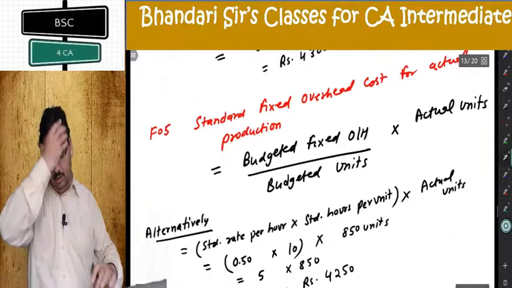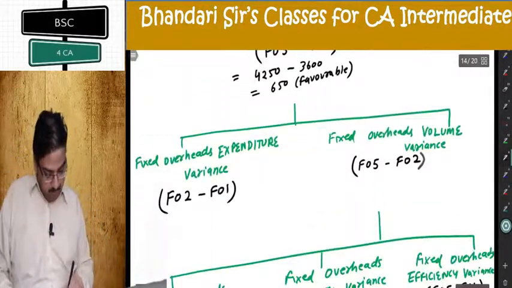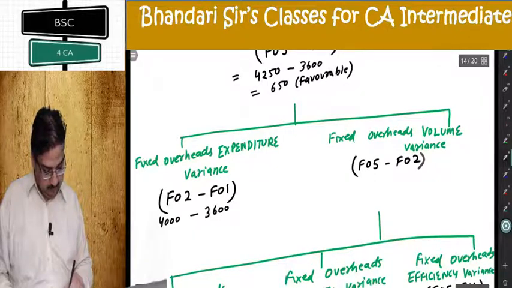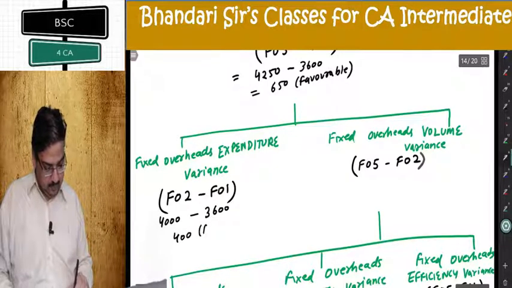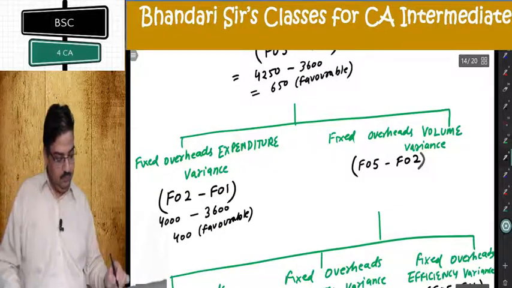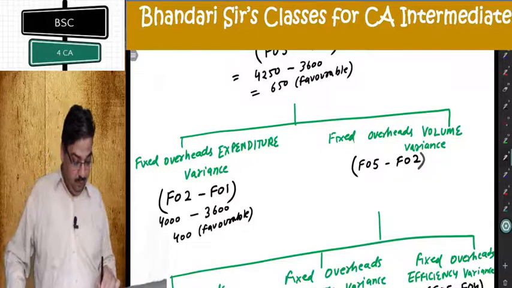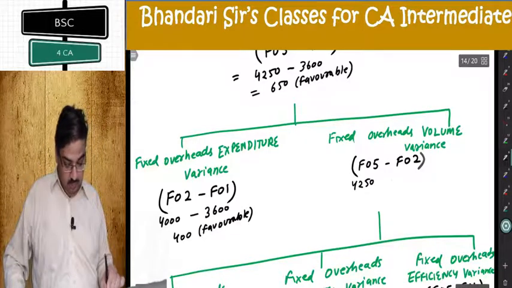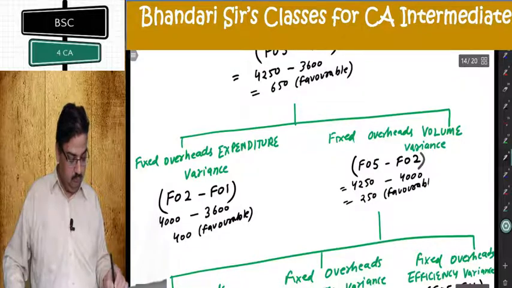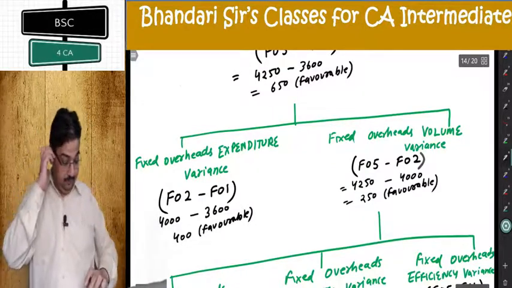Yes, 4000 minus 3600. 400 favorable. FO5, 4250 minus 4000. 250 favorable.